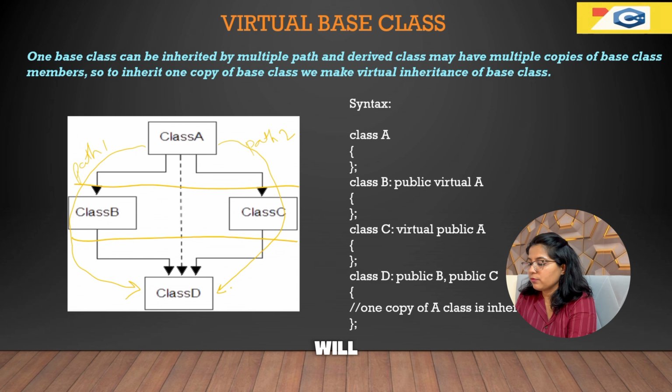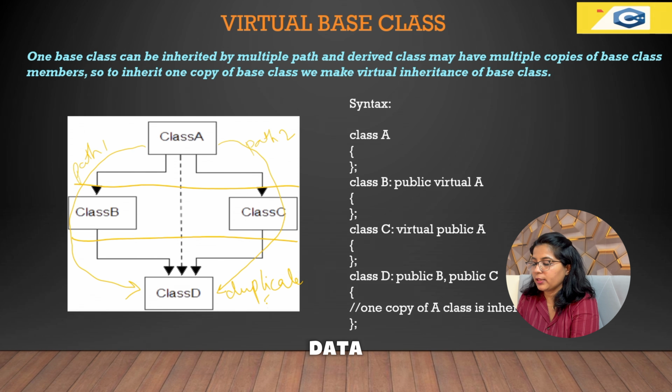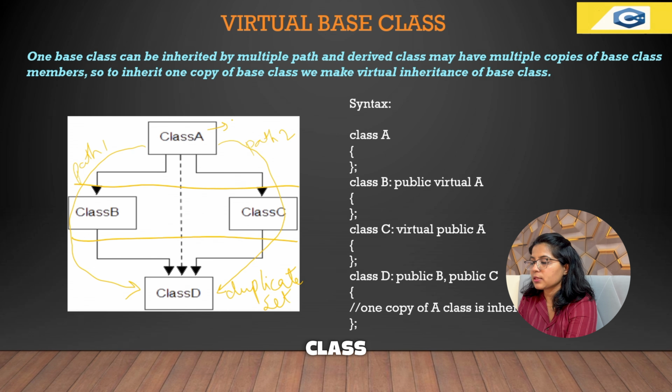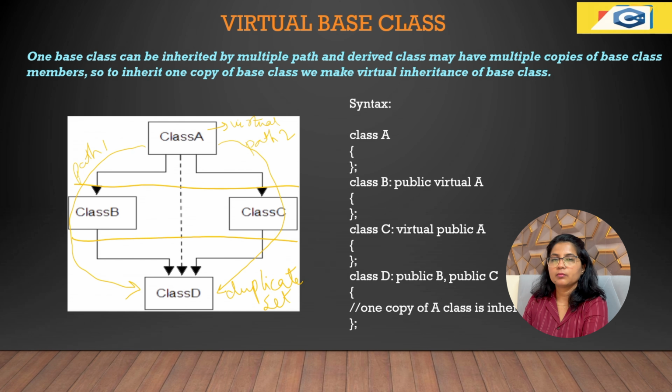The class D will have a duplicate set of data of class A, right? So to avoid this duplication, we will declare the common base class. Class A is common, so we will declare it as virtual. Got it?